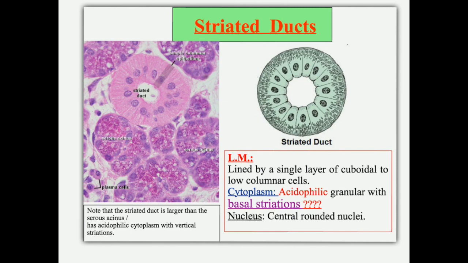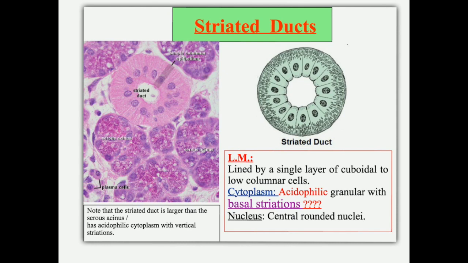Of course, we know that it is low columnar or cuboidal with acidophilic cytoplasm, but in addition to the secretory granules, it shows basal striations. We will now learn the cause of these basal striations and what their significance is.